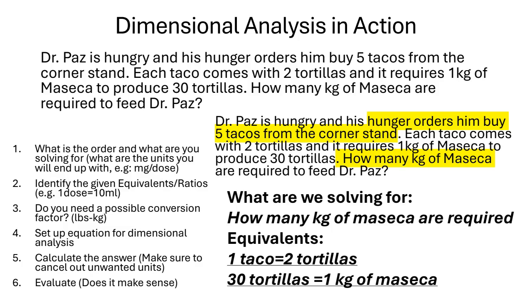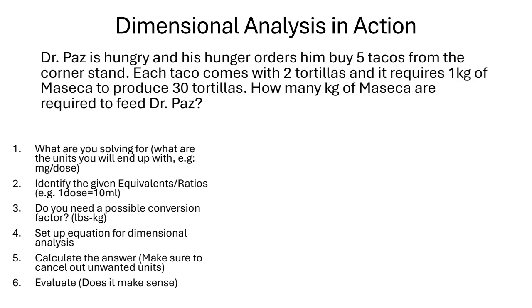So I'm going to start writing. We're looking for kilos of maseca. Like I said, when you're trying to find your answer, you're always going to match it with the first number you put on top, on the first fraction that you're going to use.